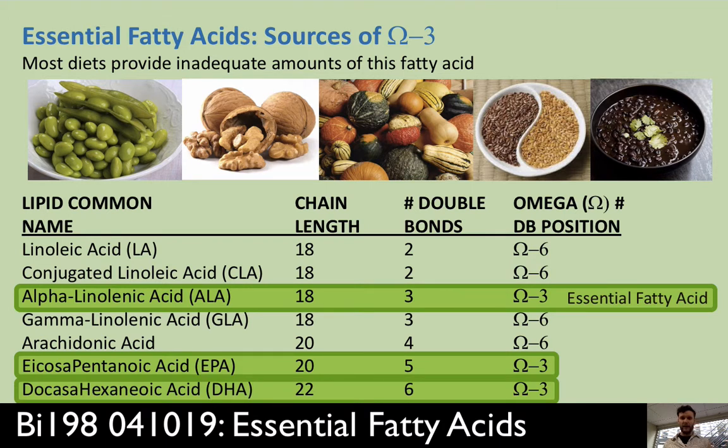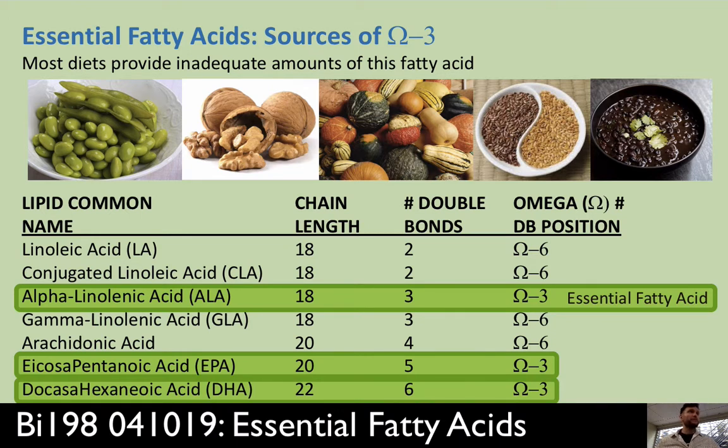We can find that in these foods that you see here. So nuts, particularly walnuts, are really high in omega-3 fatty acids. You can find it in soy. Squash, the various vegetables in the squash family, are pretty high in omega-3.